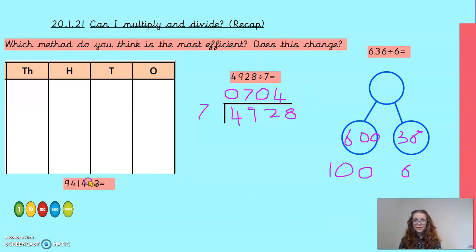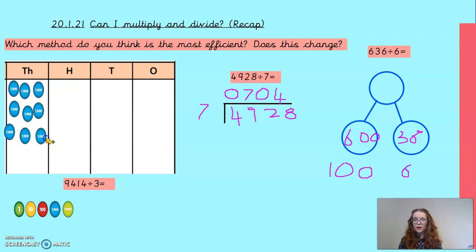I've got 1 left. I'm going to use my place value or grouping method to help me out here. Okay, so the first thing I need to do is fill up my place value columns using my counters here. So I've got 9 of these. 1, 2, 3, 4, 5, 6, 7, 8, 9.